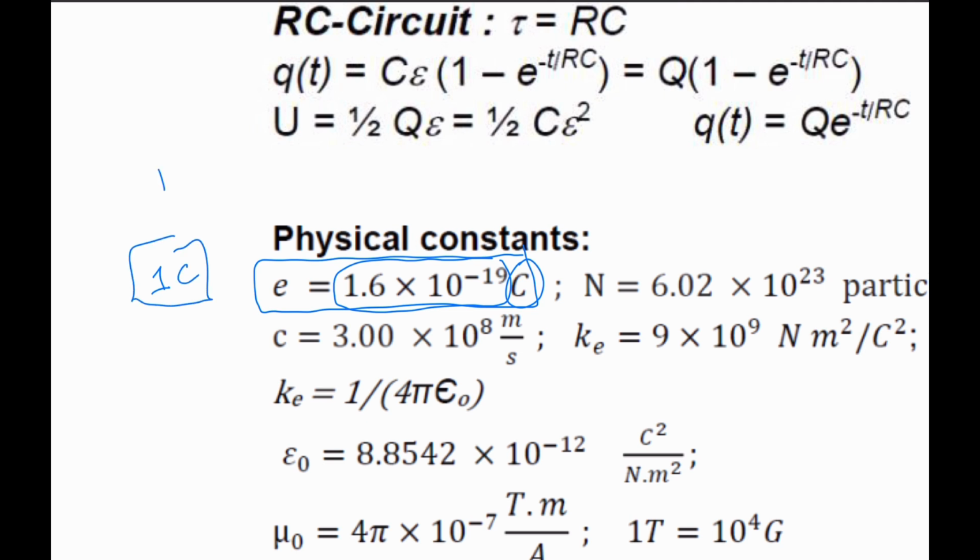Just like how a unit of time would be 1 second or maybe 1 minute. It won't be 1.6 times 10 to the negative 19 minutes or seconds. A unit of distance could be 1 meter. It's not going to be 1.6 times 10 to the 19 meters. It could also be 1 kilometer. Unit just means 1. Okay?